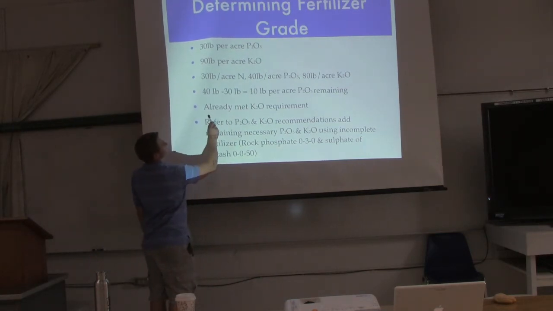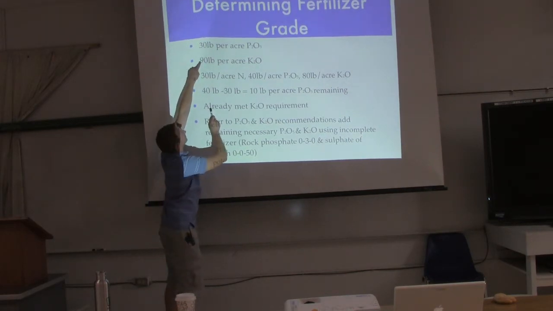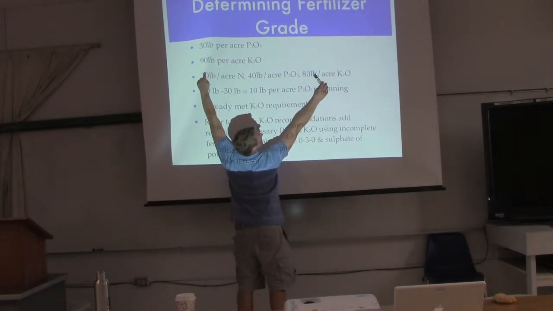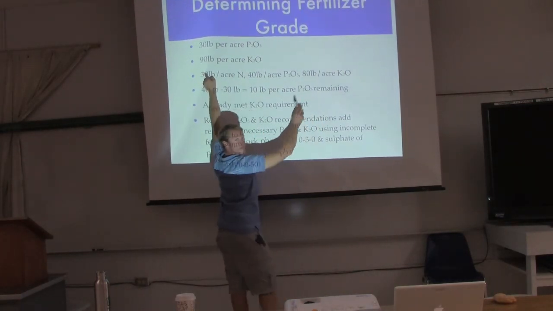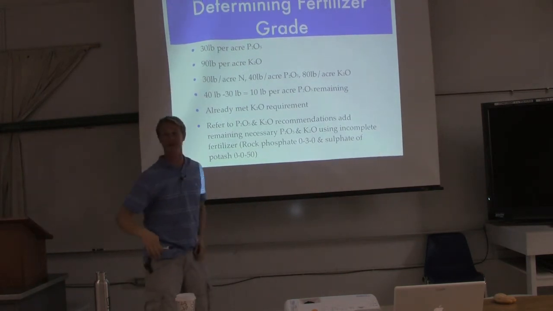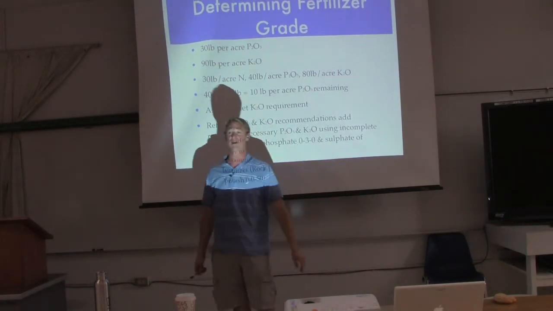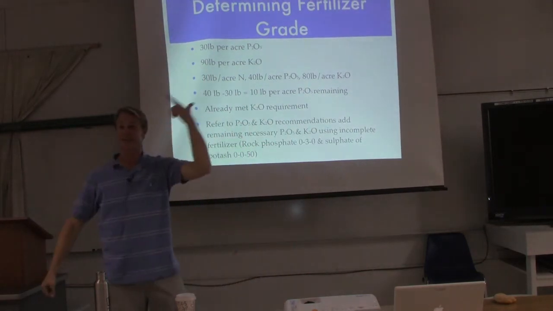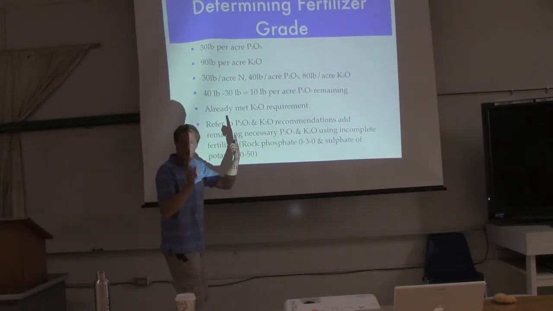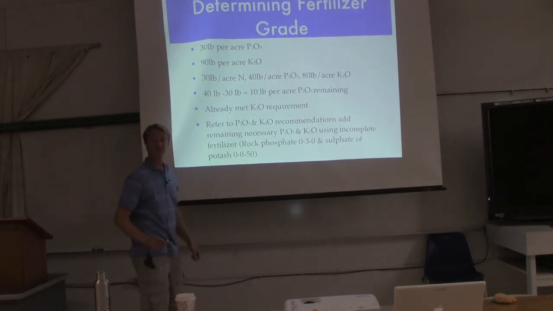Well, at 90 pounds of K2O, I'm already meeting my 80-pound K2O requirement, right? So by putting down 500 pounds to meet my N requirement of that specific fertilizer, I am already meeting my K2O requirement. So now I've met nitrogen and K, and I just need to find a small source for that 10 pounds per acre of P.